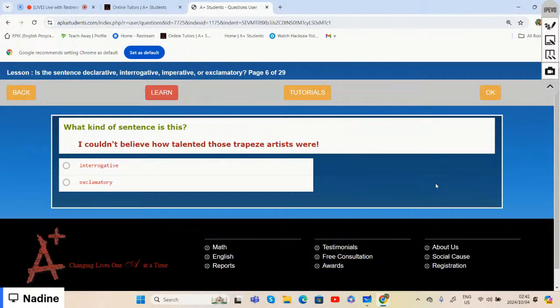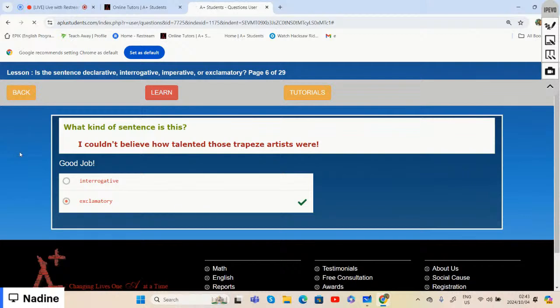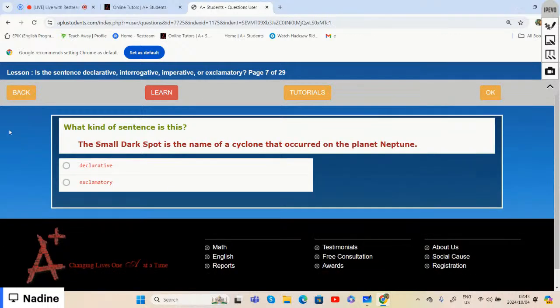All right, and if we were to look at the sentence and say, what kind of sentence is this? I couldn't believe how talented those trapeze artists were. And then, yes, we can say it is an exclamatory sentence.